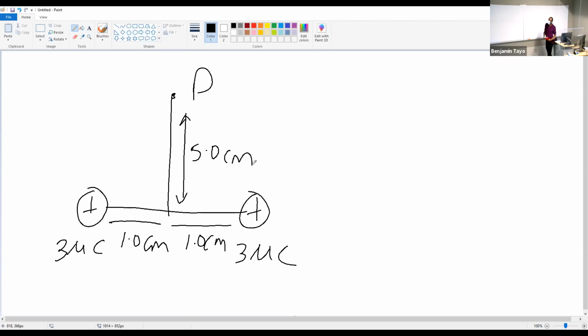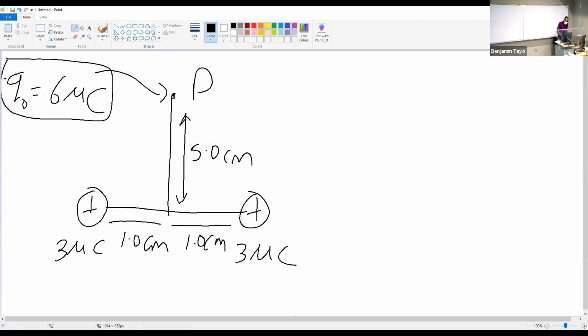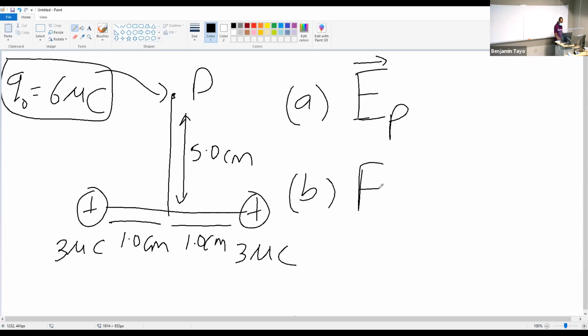Now, I gave you this to try at home, to calculate the force. Remember that last time we had a charge here, Q naught. We put a charge here, Q naught, that was equal to 6. You remember this? In your next try at home problem, first calculate the electric field at point P. Then once you've obtained that, calculate the force on the 6 microcoulomb test charge.